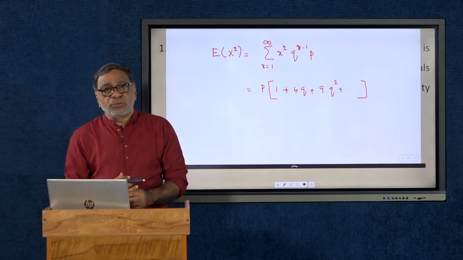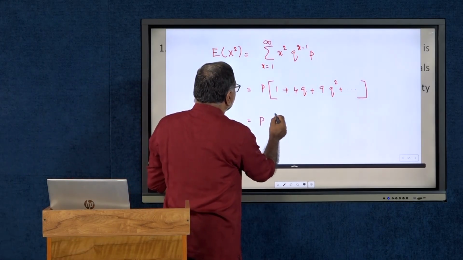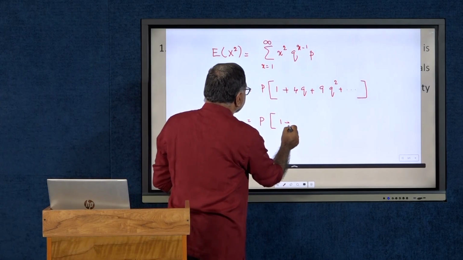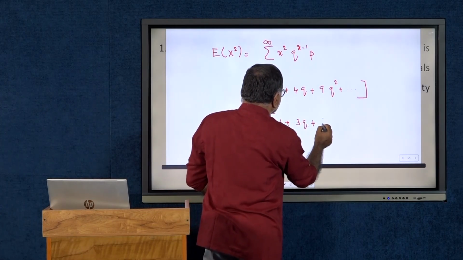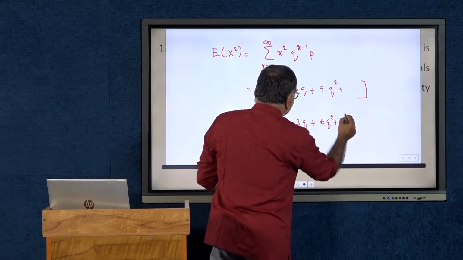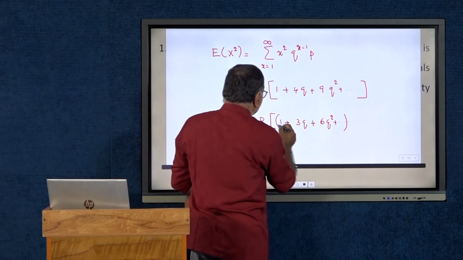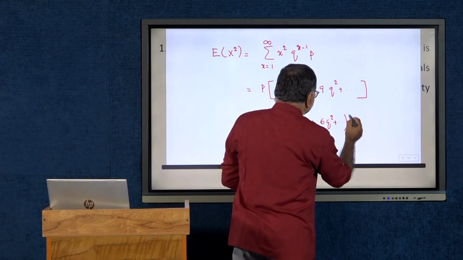And this we can write as p into 1 plus 3q plus 6q square plus etc. in one term, and plus the remaining terms.